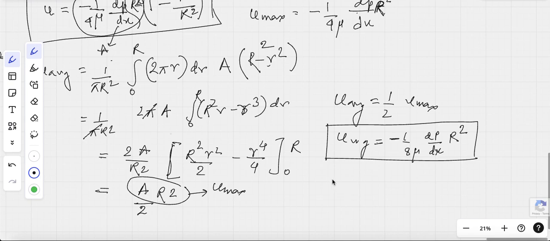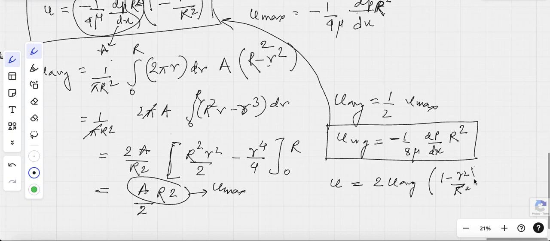So we can write u is equals to twice into u average, one minus r square by R square, by substituting this over here, right?